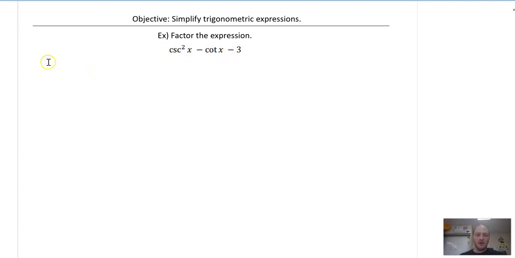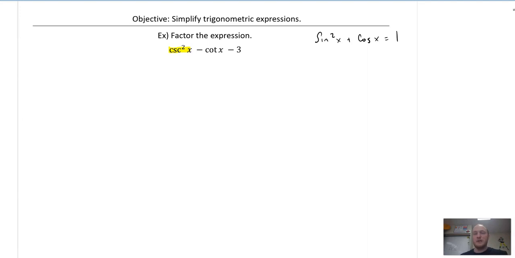Well, you can utilize your Pythagorean identities. Your Pythagorean identities, remember, come from sine squared plus cosine squared equal to 1. What I'm going to do is substitute out cosecant squared of x. So how do the Pythagorean identities tie in?